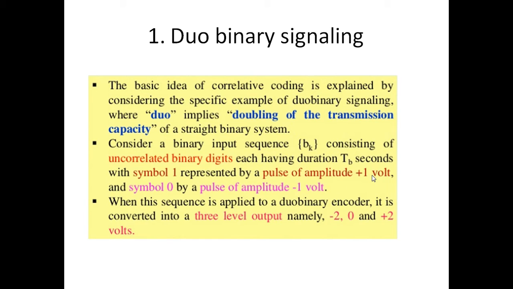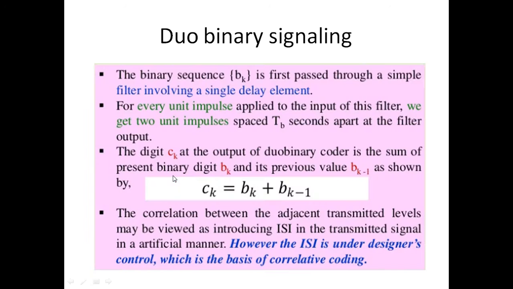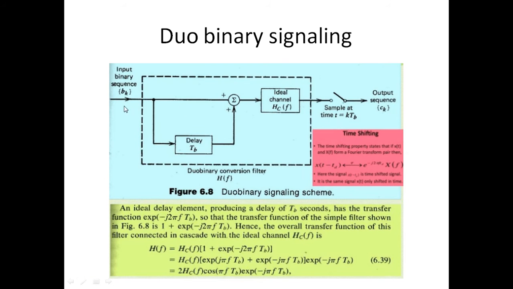If we do those combinations, we get three values of output: plus 2, minus 2, or 0. In this way, the binary symbols 1 and 0 are converted into voltage levels in this block diagram. The input binary sequence is BK, and this is converted into voltage levels after passing through the duobinary conversion filter, which we name CK.